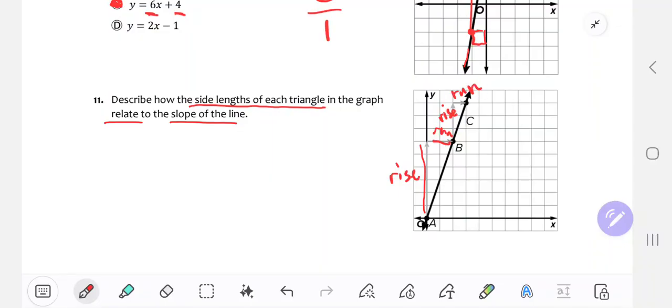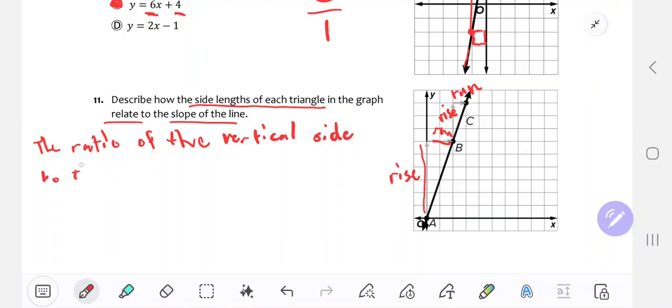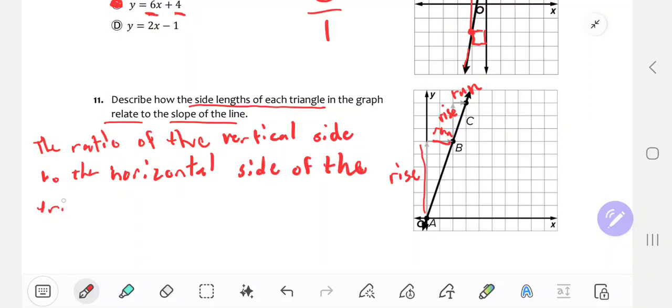All right, so for the triangles, okay, the ratio of the vertical side to the horizontal side of the triangles.